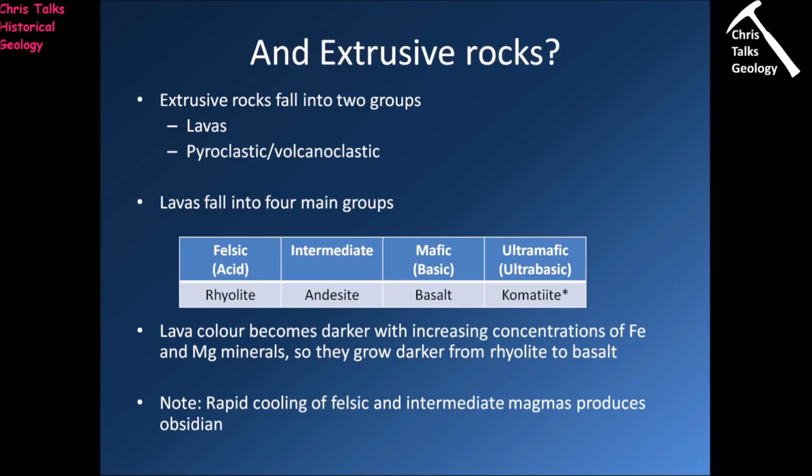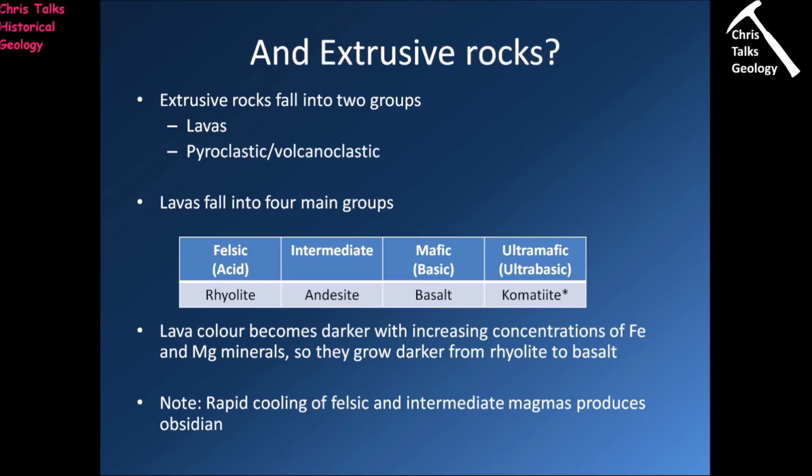So when we look at something like a komatiite, we know it's going to be dominated by olivine, a bit of pyroxene. Mafic igneous rocks are going to be dominated by lots of pyroxene and lots of calcium plagioclase feldspar. Intermediate igneous rocks are going to be dominated by a lot of plagioclase feldspar, more sodium rich plagioclase feldspar at this point, but also because there's a little bit of iron and magnesium in the magma as well, you're going to get some darker minerals present, things like amphibole and biotite.